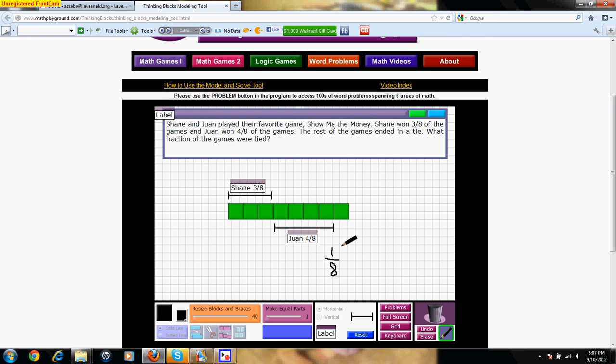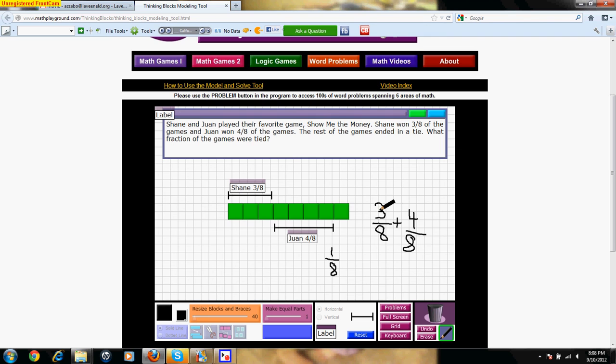Now I'm going to also show you how to do it in just numeric form. If you weren't to have created a picture and you were just to have the numbers alone, this is what it would look like. 3/8 is the amount that Shane won, plus 4/8 is the amount that Juan won.